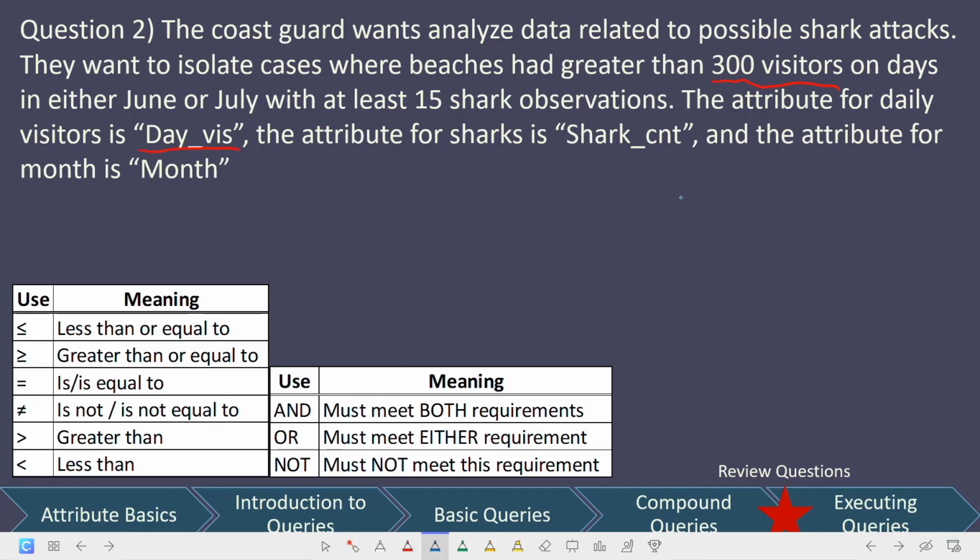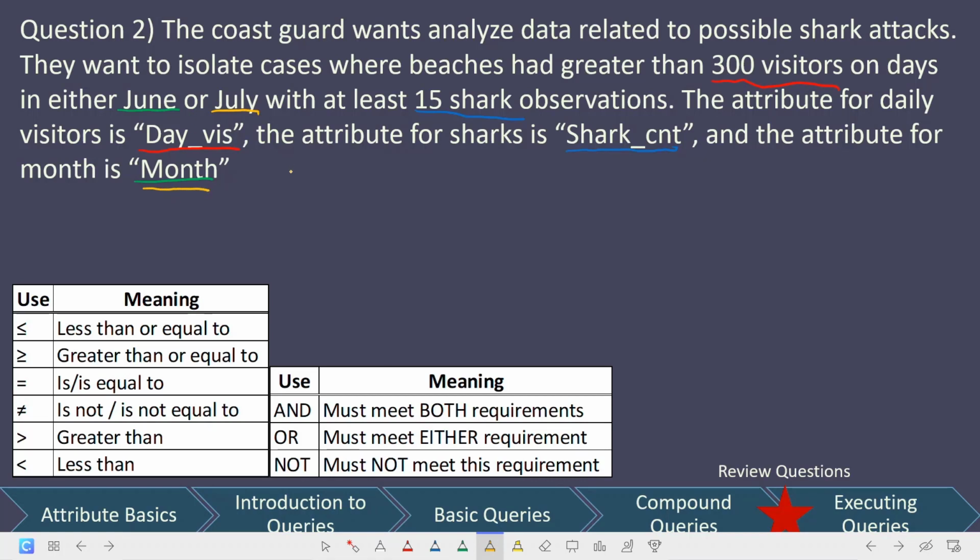We know we need to do 15 shark observations relative to shark count. But then we also need to do 2 comparisons, of June to month, but also July to month.